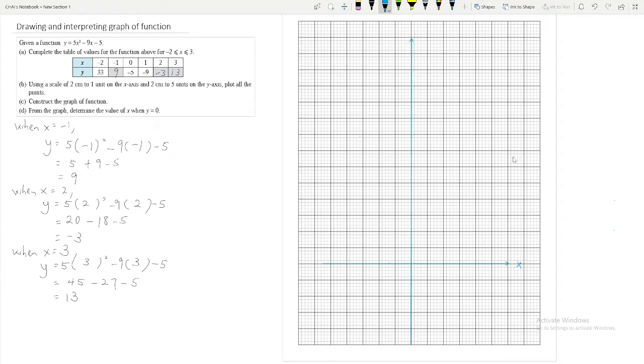This is the x-axis, 0. So 2 cm to 5 units, so 5, 10, 15, 20, 25, 30. So this is the y-axis, -5, -10, and the x-axis is 2 cm to 1 unit, 1, 2.